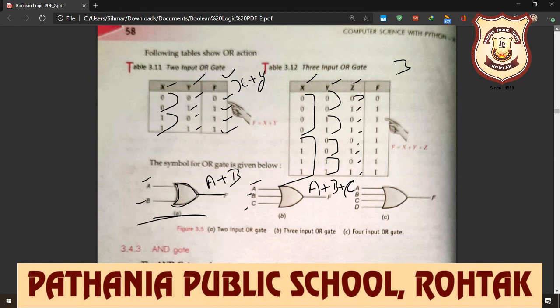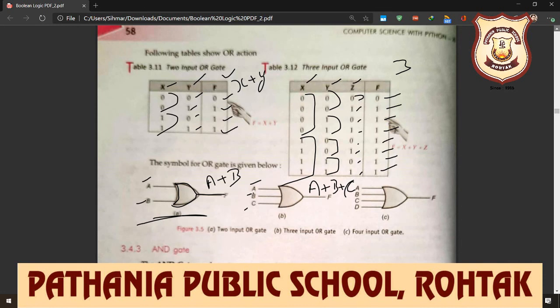So you can just add it. 0 0 0 is always 0, and 0 0 1 gives 1, 0 1 0 gives 1, 0 1 1 gives 1, 1 0 0 gives 1, 1 0 1 gives 1, 1 1 0 gives 1, and 1 1 1 is always 1. So this is your truth table of the OR gate.